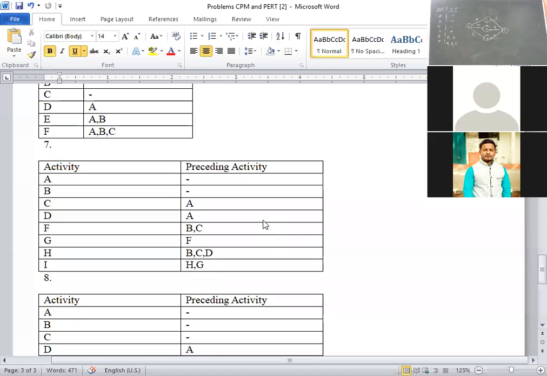Sorry. Activity A, B, C, D. After that, E is missing. E नहीं है. E नहीं लेना है. Try it out. Tell me how many nodes and how many dummy activities you have taken.